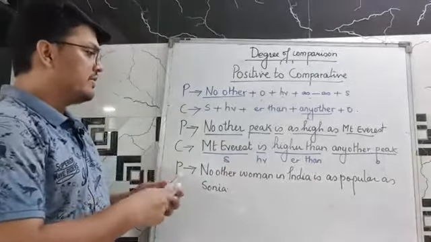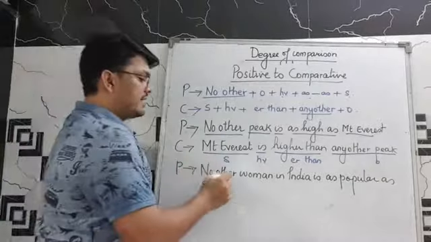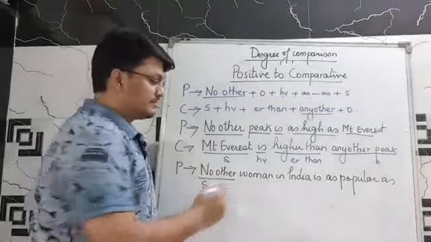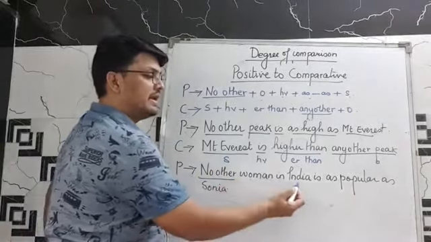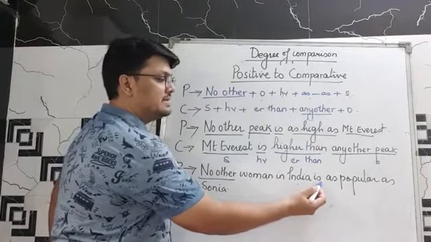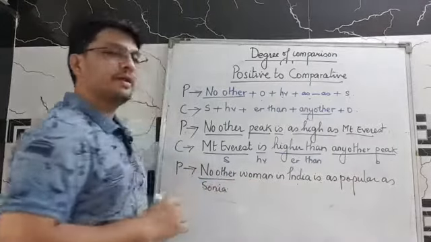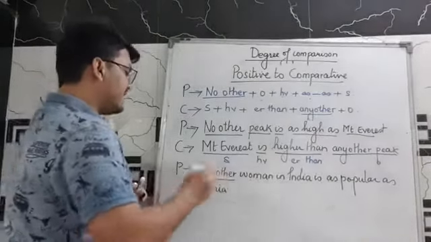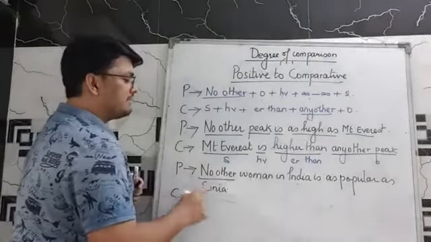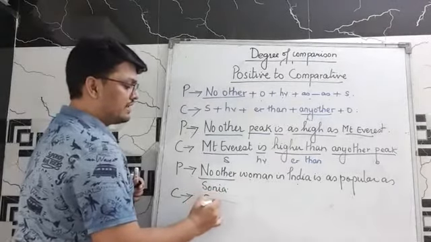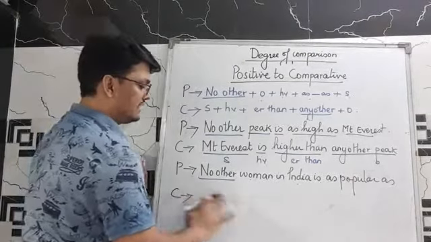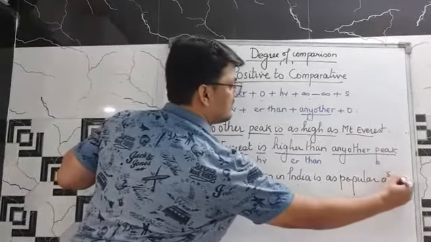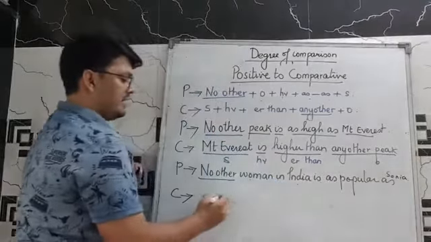So now student, you can see I have started with no other, follows with my object woman in India, helping verb is as popular as Sonia. So now students, rule will be the same. I'll start my comparative with my subject Sonia. So Sonia will come here. Let's put Sonia that side. So should be not confusion here. Sonia.